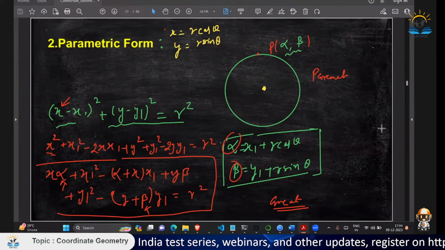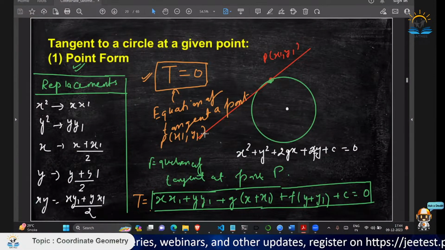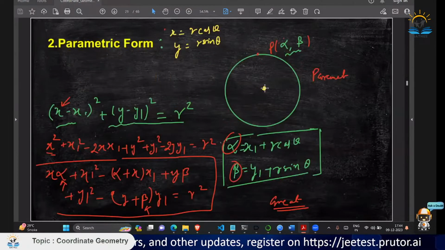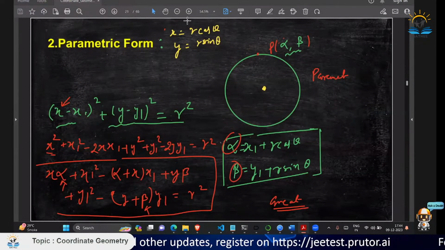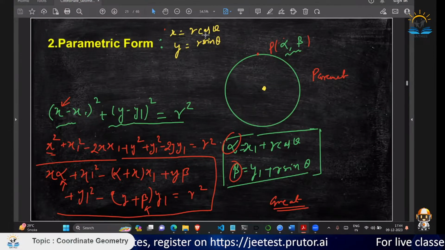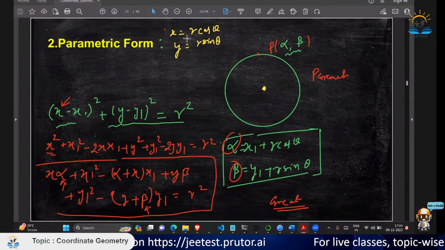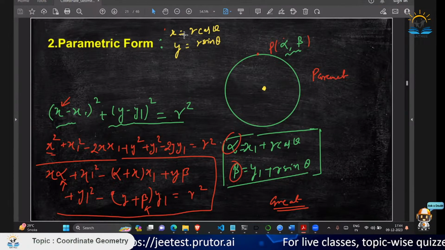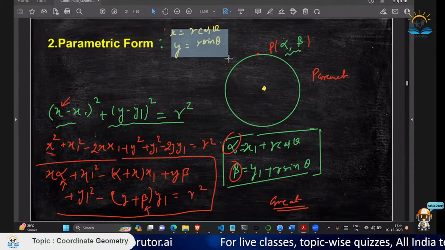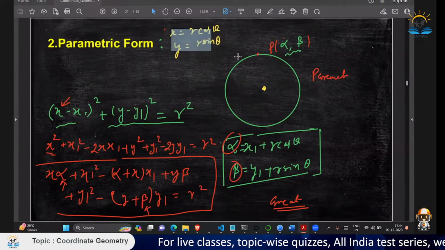Another form. This was the point form, where a point is given and you need to find the tangent. Now we see the parametric form. We take x and y as some parameters, let's say x is equal to r cos theta, y equal to r sin theta.